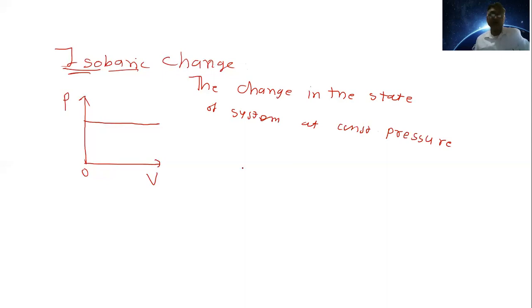What condition can we write here? Change in pressure is equal to 0. That is the isobaric change.